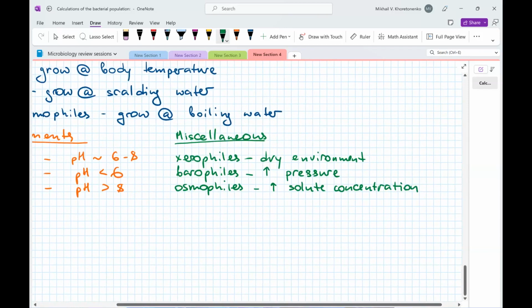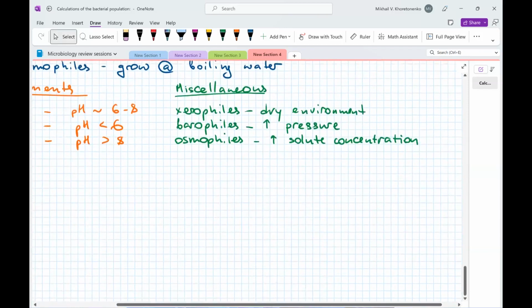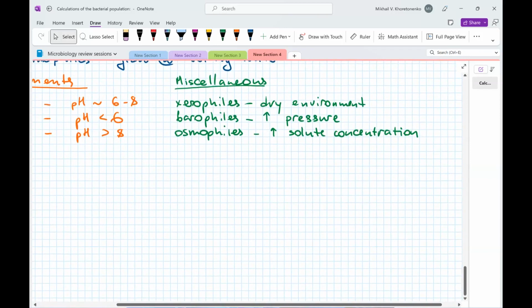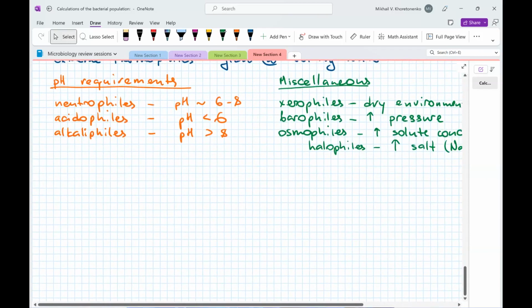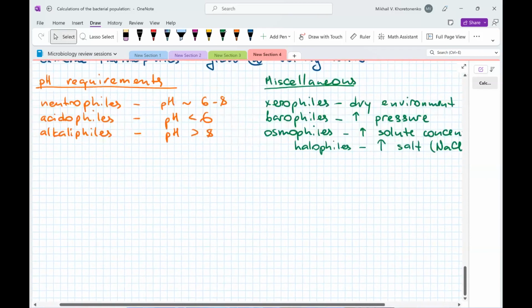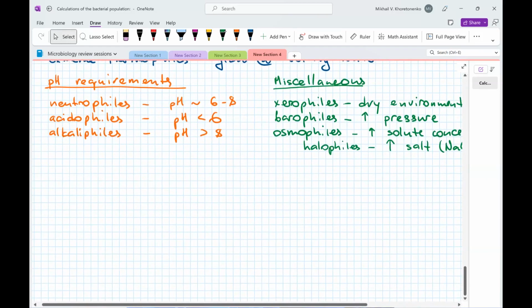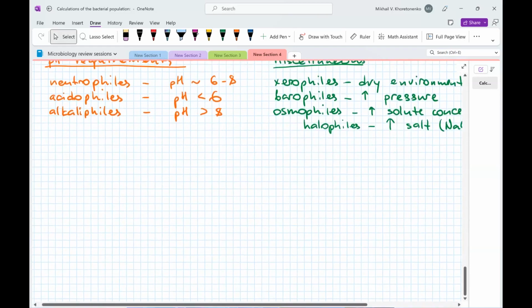Within osmophiles, there are halophiles, high salt, sodium chloride concentration. Okay, we're good so far? Well, I presume that we're good.